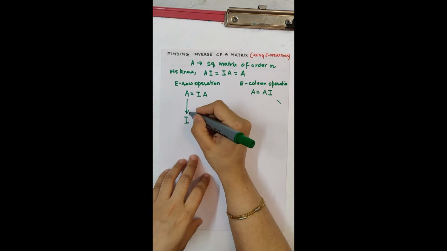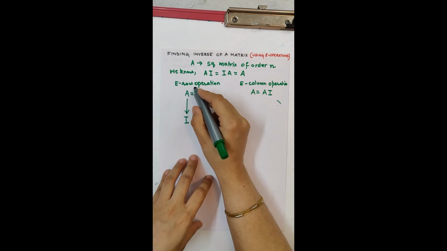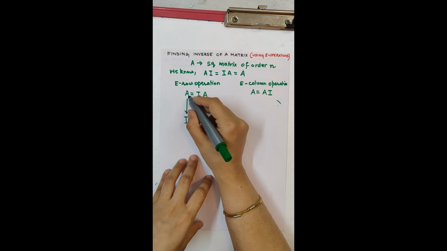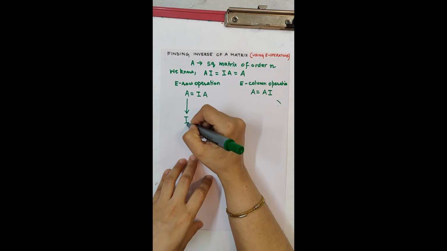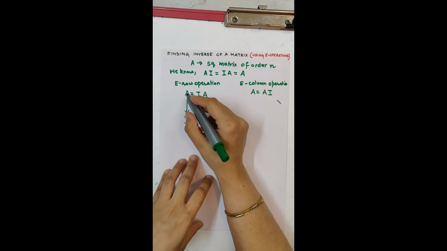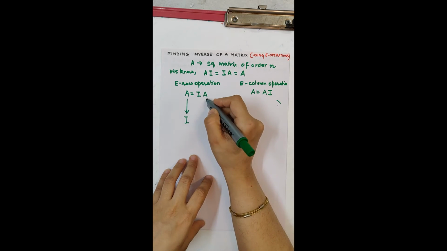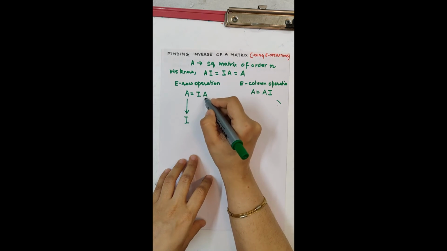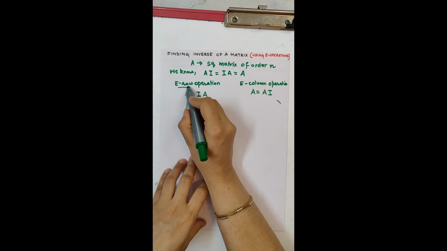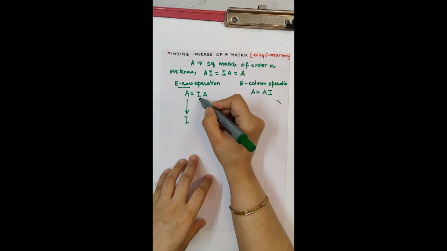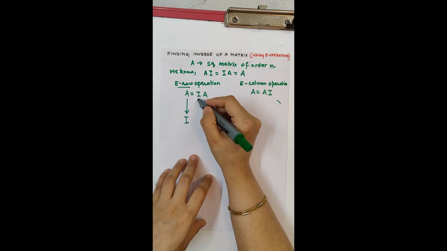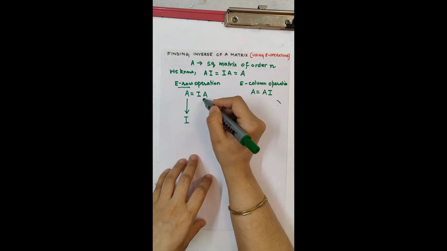That is, we have to select elementary row operations in such a manner that I can change all the elements of the matrix A to the elements of the identity matrix. Now since I'm applying operations to a matrix equation, so it has to be applied on both sides, and since I'm applying elementary row operations, which means on the right hand side where I have product of these two matrices, it will be applied only to the first matrix and the second matrix will remain as it is.